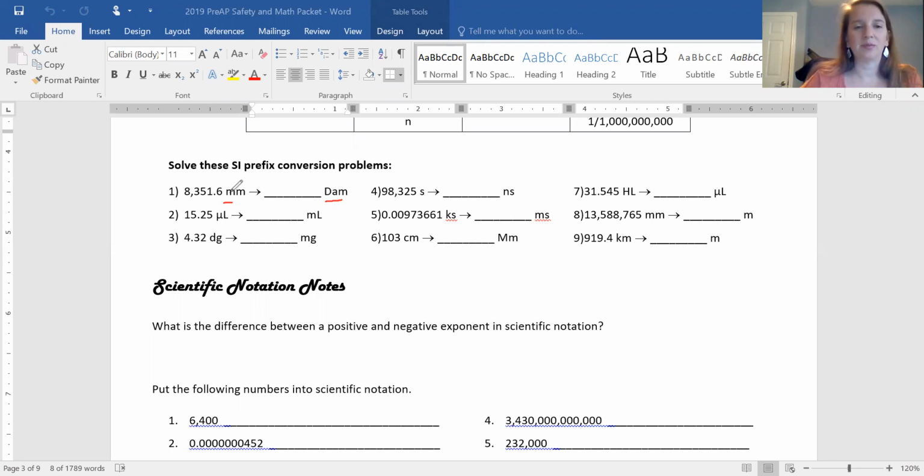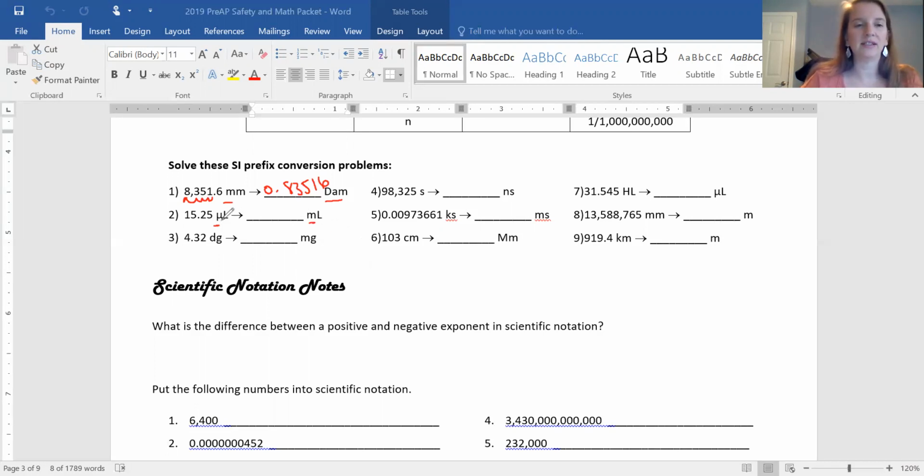And we're going from somewhere small to somewhere big, so we're going to move it 4 times to the left. So 1, 2, 3, 4. It would go right there, 0.83516.